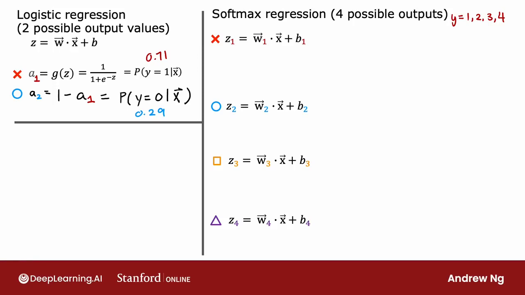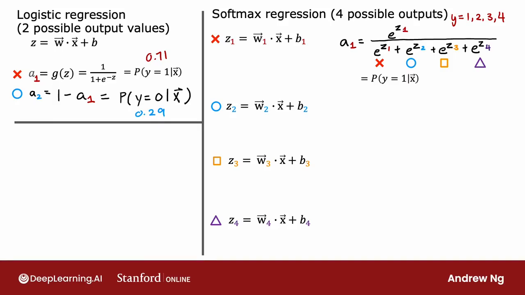Next, here's the formula for softmax regression. We'll compute A1 equals e to the z1 divided by e to the z1 plus e to the z2 plus e to the z3 plus e to the z4. And A1 will be interpreted as the algorithm's estimate of the chance of y being equal to 1 given the input features x.